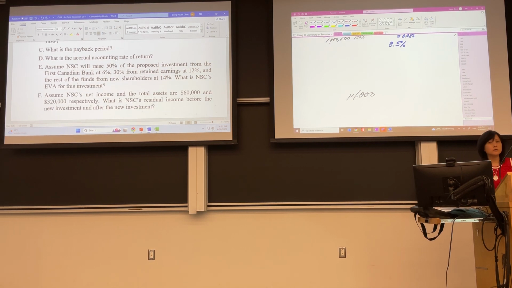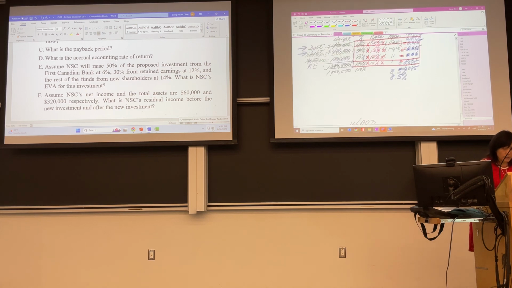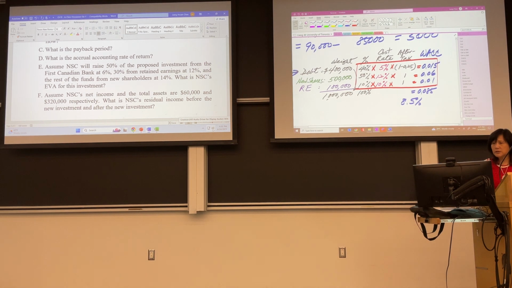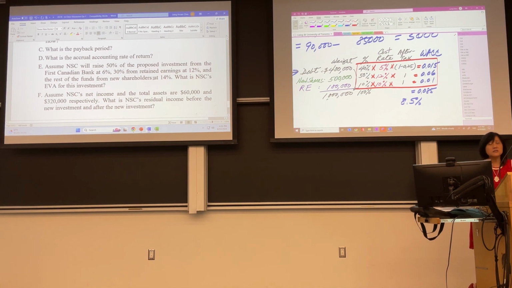The other two parts. Assume NSC will raise 50%. So now you don't have to calculate what's the percentage. Earlier, here, I give you dollar amount is to calculate percentage. But this question already tell you 50%. So that's easy. 50% of proposed investment from First Canadian Bank, 6%, okay? 30% from retained earnings, so the company's savings, you can come up with 30%.